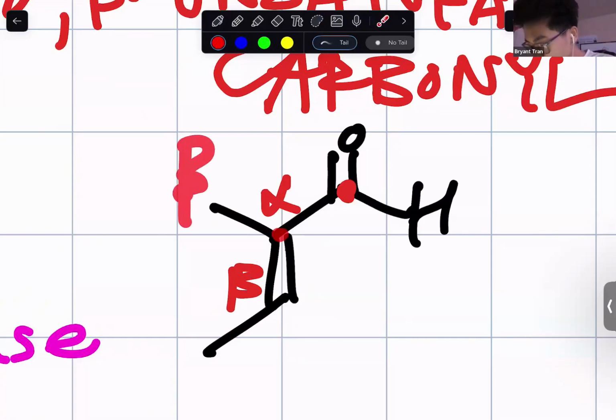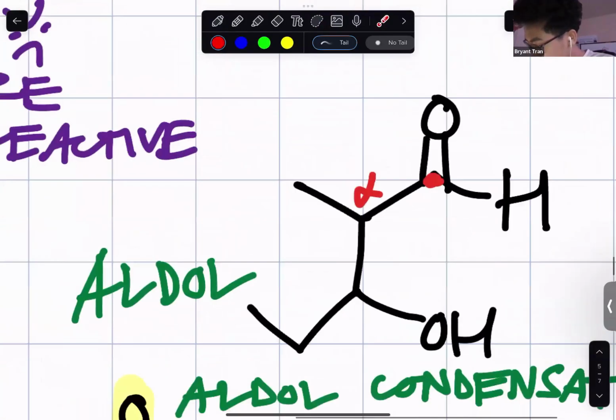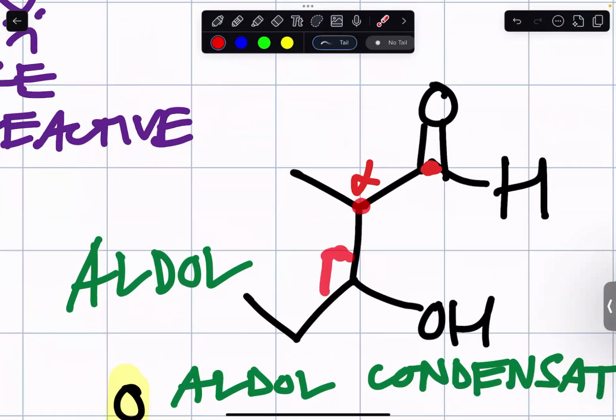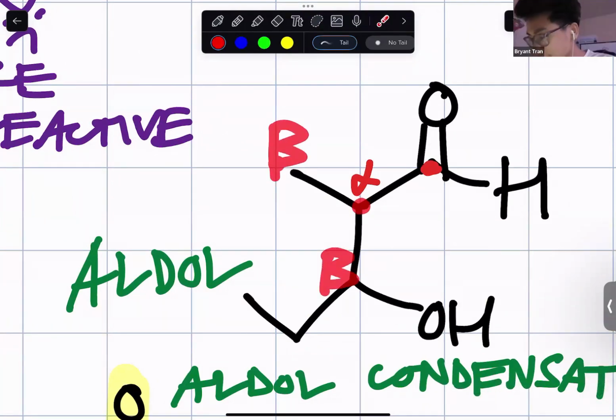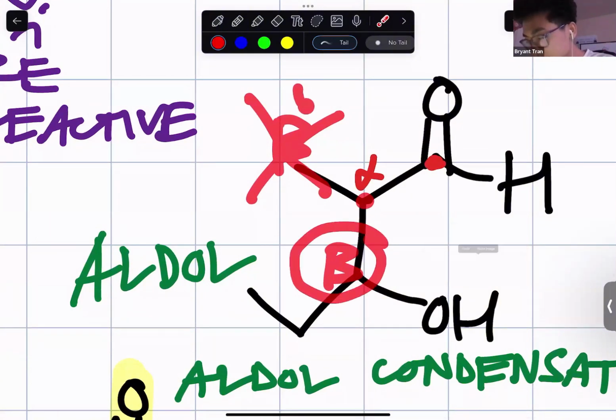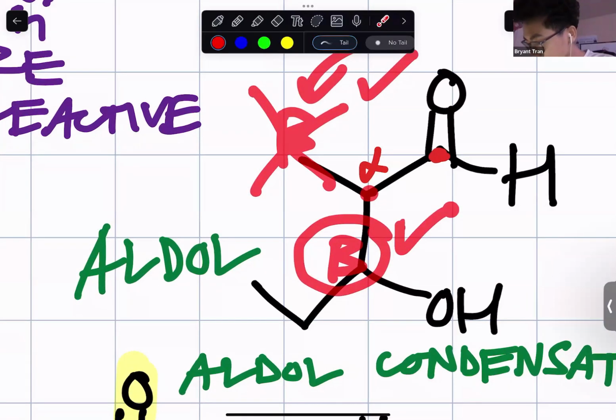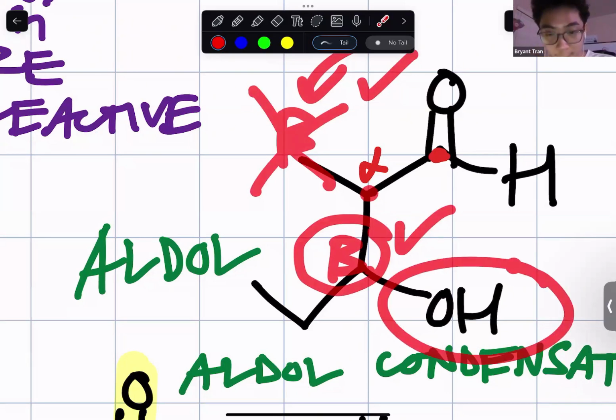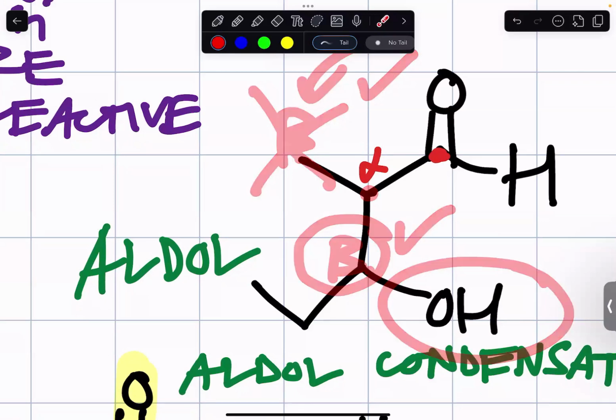That is true, but we don't take that into account because we're not interested in that beta carbon. It is still a beta carbon, but we're interested in this beta carbon right here because it is attached to this hydroxyl group, alcohol group. This beta carbon has no alcohol group.